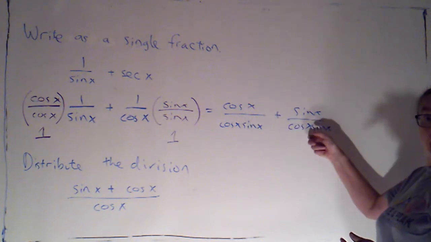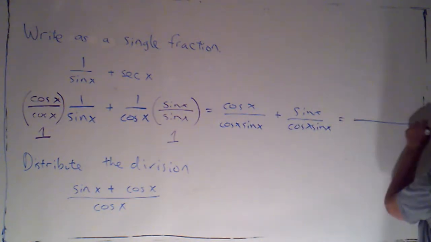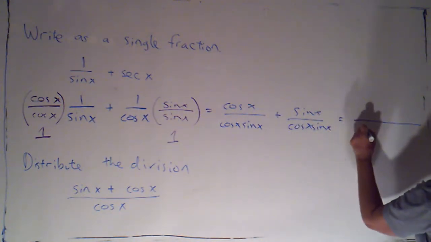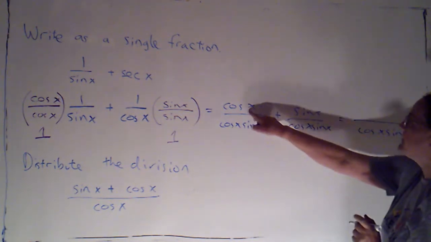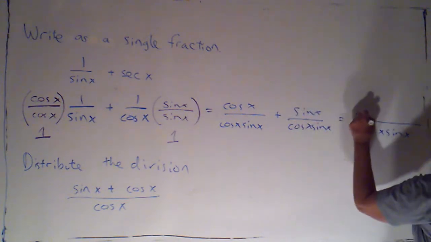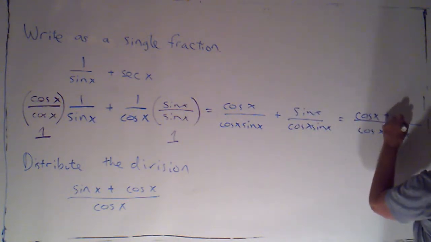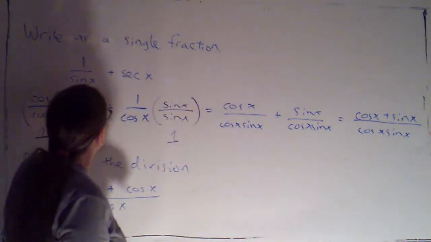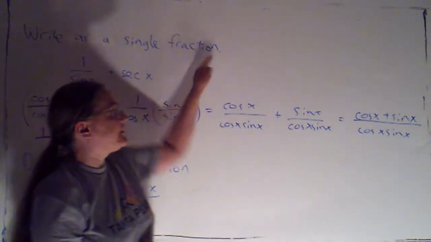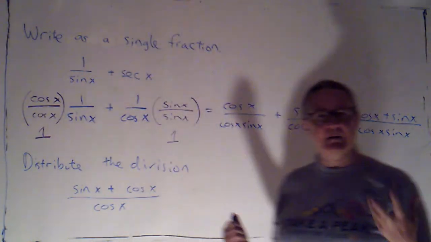And now that I have a common denominator, I can combine this into one fraction, as I was instructed to do. The denominator will be cosine x times sine x, and the numerator is just the sum of these numerators. So it'll be cosine x plus sine x on top. Now, you'll notice the direction said write as a single fraction. They didn't say simplify.